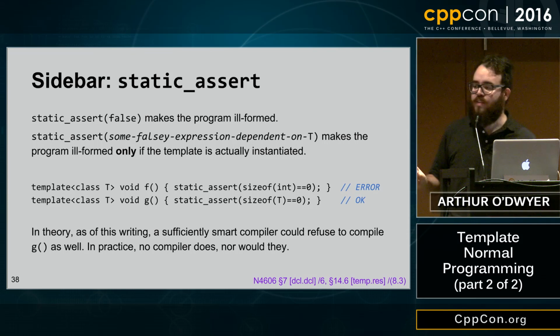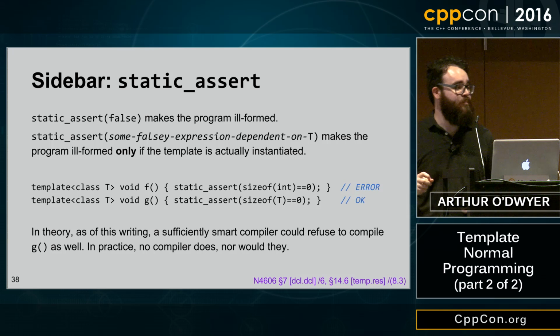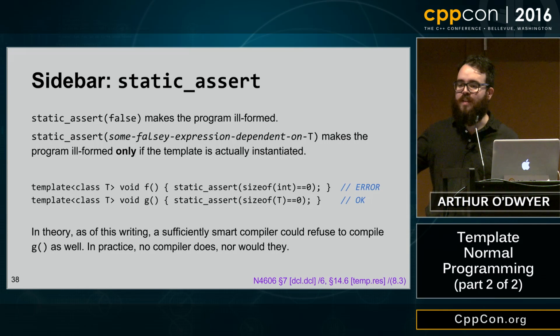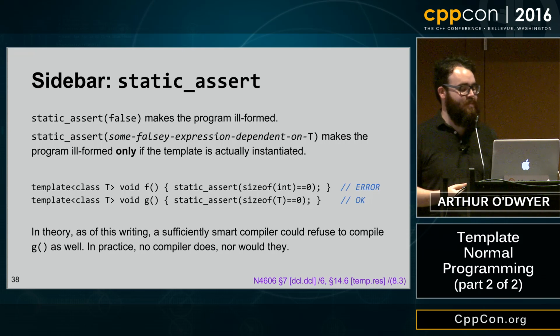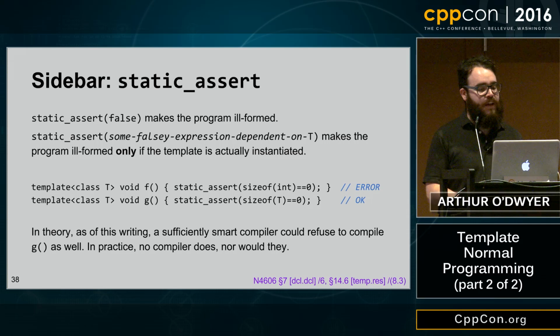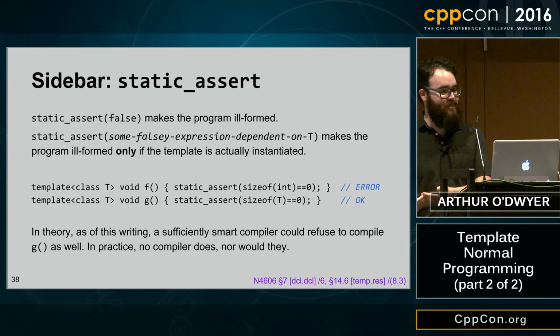But first, a quick sidebar on static assert. How many people know static assert pretty well, inside out? Yeah, cool. All right. So static assert is a compile time way of making your program ill-formed and requiring a diagnostic. This is nice if you are a library writer and your user is doing something stupid that you want to stop them from doing.